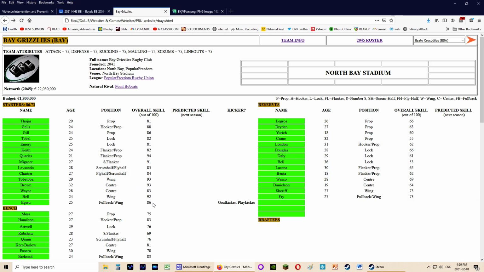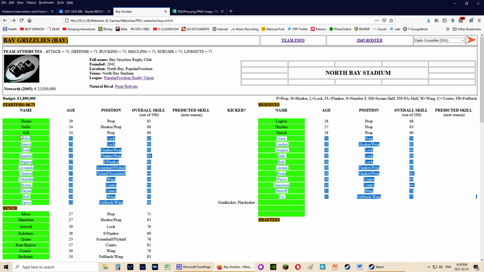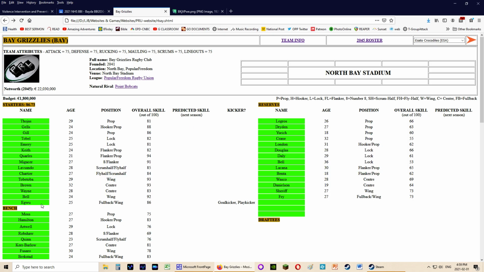For rugby, like most sports, these 15 players right here are the most important players on your team because they are on the field throughout the game unless they get injured. Okay? And so your starter strength will indicate how good your starters are and how likely you are to win matches and as a result acquire more revenue from that than your opponents. However, this is not the only indicator.